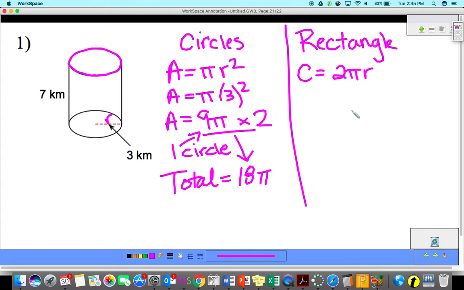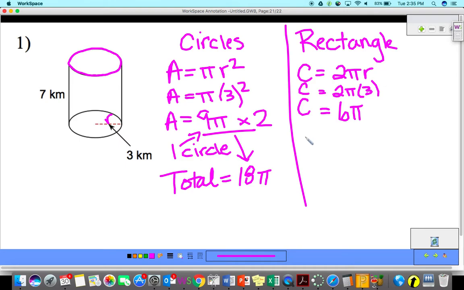Either of those are options to calculate the circumference because 2 times the radius would be the diameter. I have a radius, so I'm going to use this formula, 2 pi times 3. Keeping things in terms of pi, I have 6 pi. Using the associative property, I can multiply different pieces together in different orders. So my circumference is 6 pi.